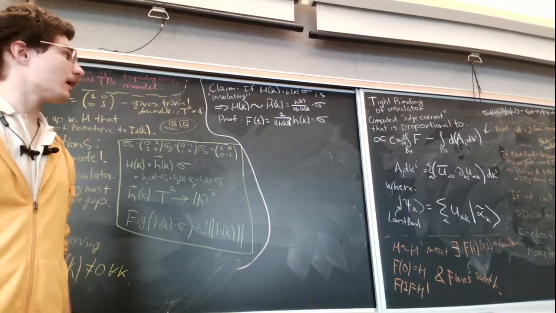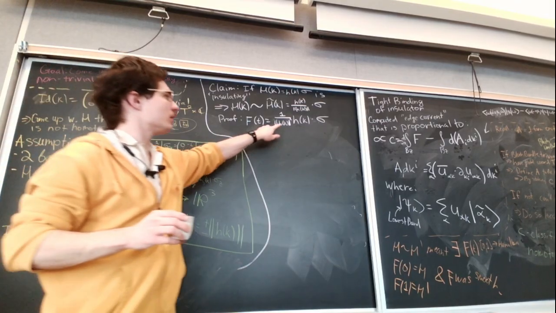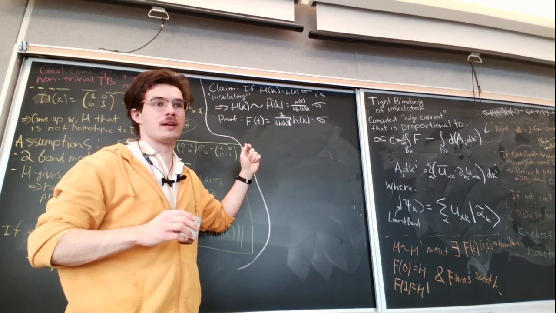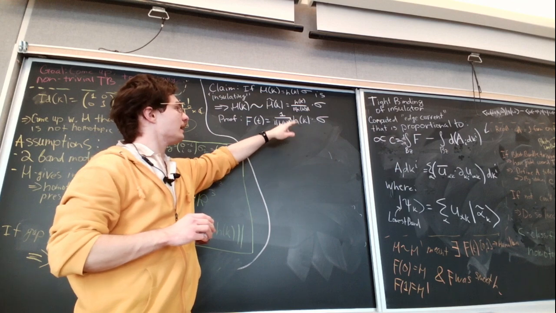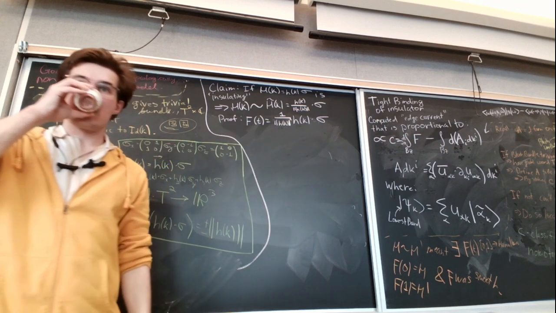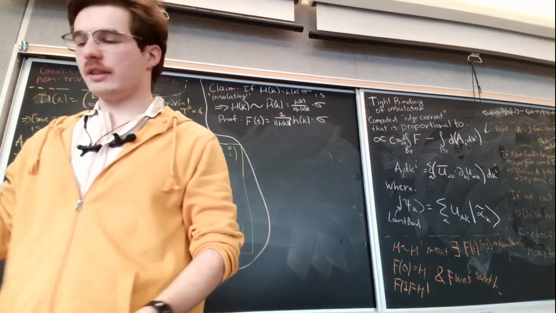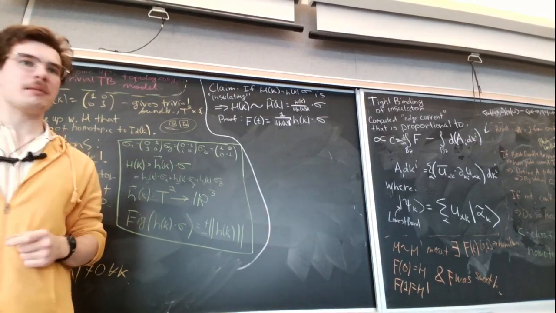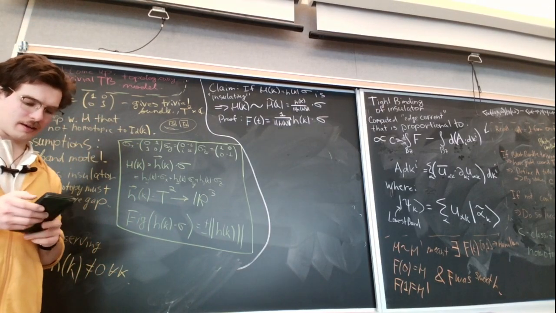Do you agree? And so at t equals 0, this is just 1, it's the same Hamiltonian. At t equals 1, I get the thing that you want. And h of k is never 0 because I have the gap. And so that's very easy.